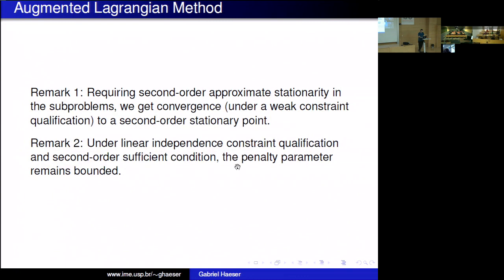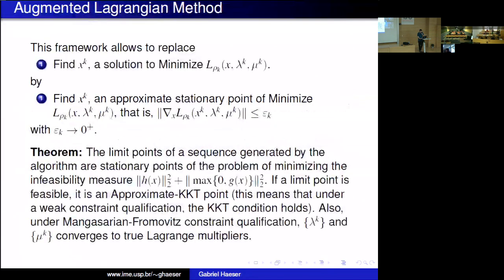And we can prove that the penalty parameter, in fact, remains bounded, but we need some strong assumptions, such as the linear independence condition and the second-order sufficient condition. So if this is the case, you can prove that the penalty parameter is, in fact, bounded. In practice, there are some tricks that you can do. For instance, in the beginning of the iterations, you don't need to be too strict about this epsilon k.